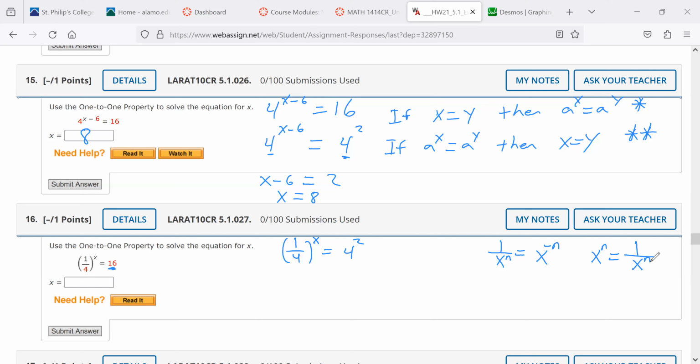Do you remember these rules of exponents? Yeah, I need to change the 1/4. So I can force the power to the top to make it a 4 instead of a 1/4, but then whatever power it has will become negative. I can say this right here.